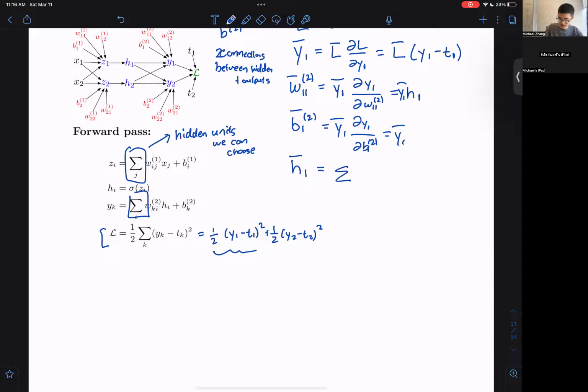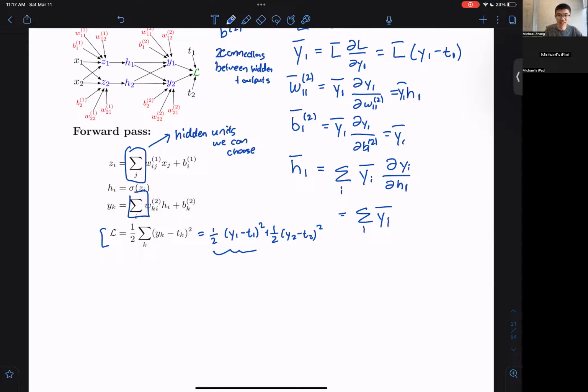So we're going to sum over i and figure out what yi bar is, and also partial yi partial h1.